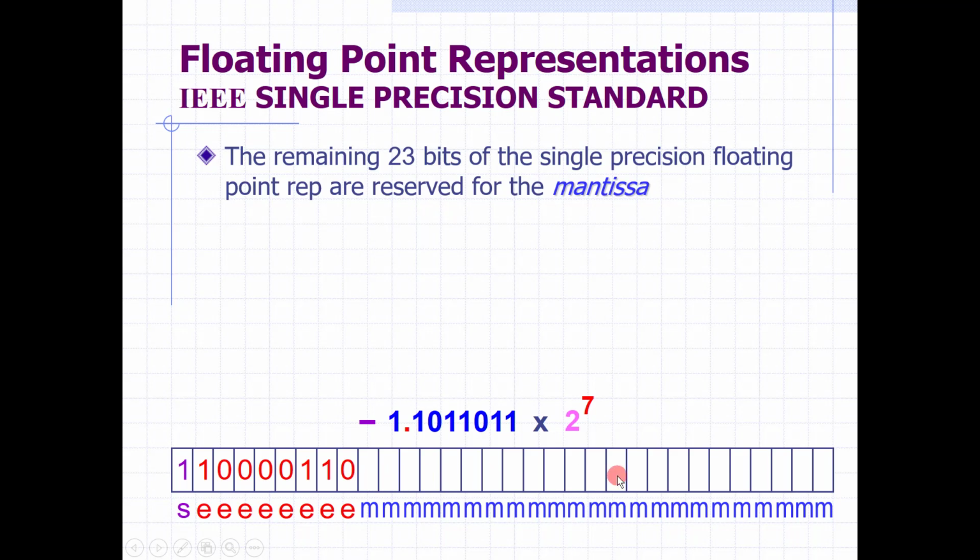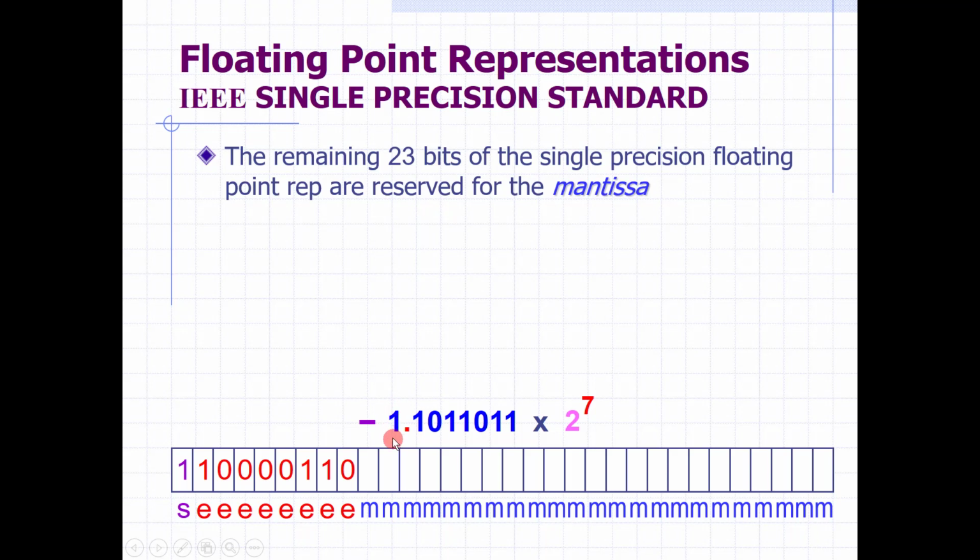The mantissa will store as many bits as we can of the number, and at some point we'll have to do a rounding or a truncation. When we're looking at this mantissa, if it's in normalized form, binary is interesting in that this first bit will always be a 1. In base 10, sometimes this is a 7, sometimes it's a 4, but in binary, because you only have 0s and 1s, you'll move that radix point until it's 1 point something.